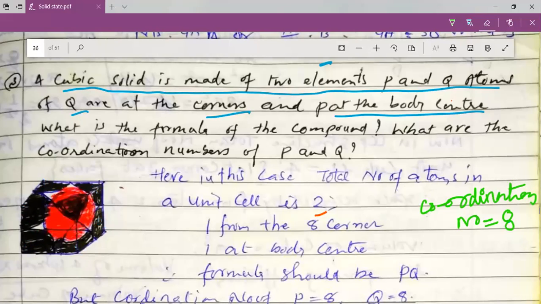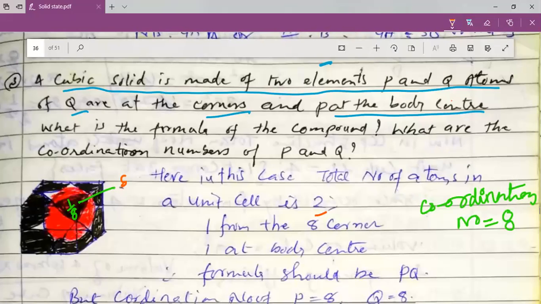Now we know, my dear students, that each such cubic unit cell is in contact with 8 other cubic unit cells, and that is why we have only 1/8 part of it over here. This is the 1/8 part. So this particular particle is shared with 8 other cubic units.